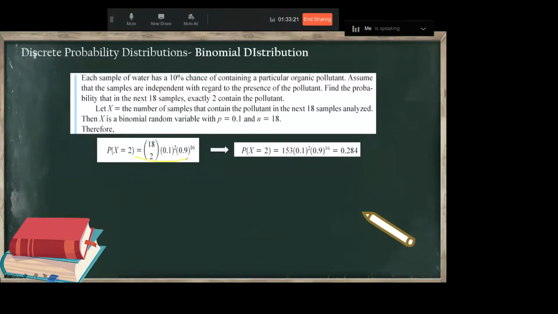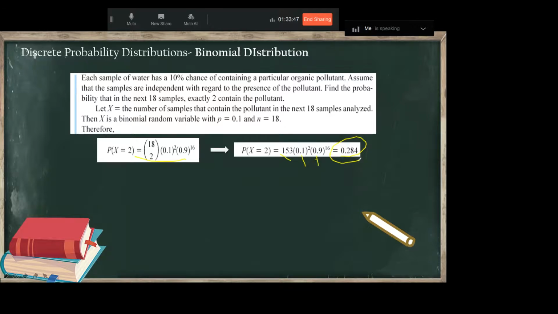When we solve it, we get 153, times 0.1 squared, times 0.9 to the 16, which is 0.2854. So it means that there are 28.4% chances that exactly two of the samples are the pollutant ones. So not that high a ratio.